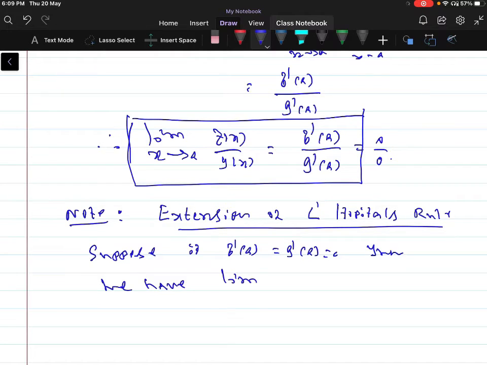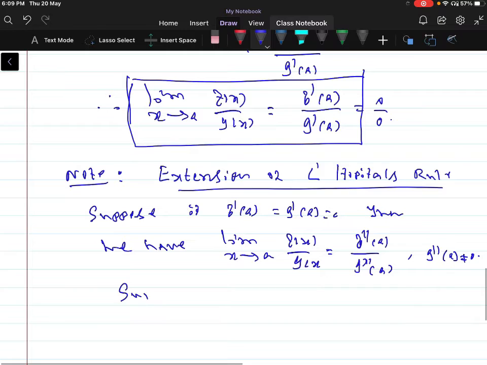Limit as x tends to a, f of x by g of x can be written as f double dash of a by g double dash of a, provided g double dash of a is not equal to 0.